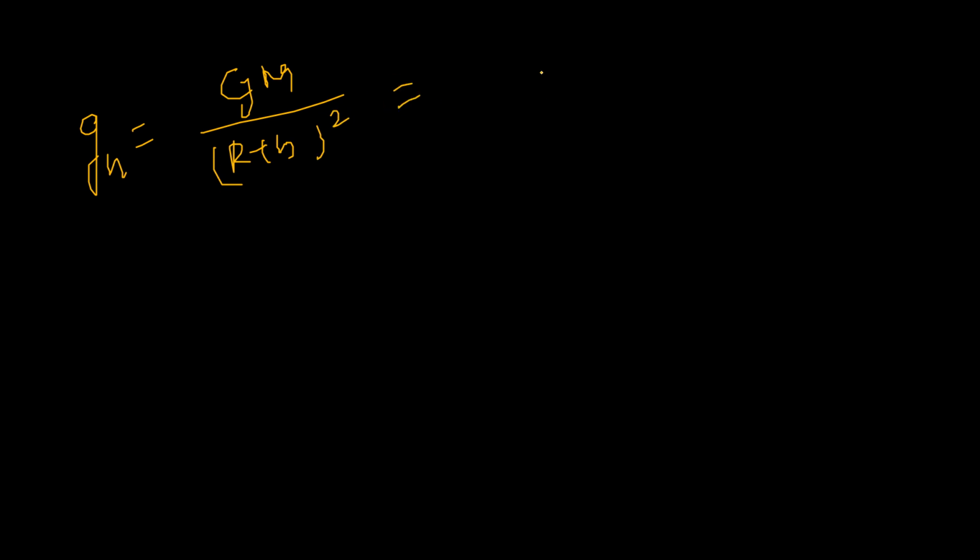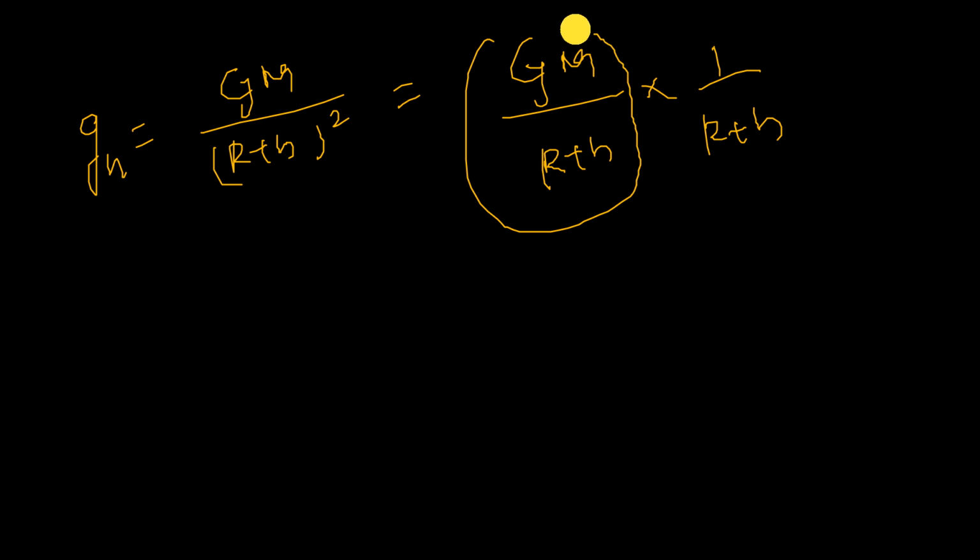So we can write g_H equal to capital G capital M by R plus H into 1 by R plus H, with the multiplication of minus.